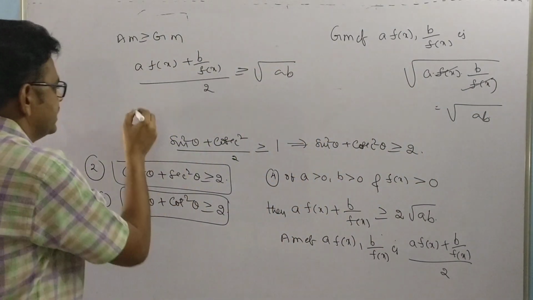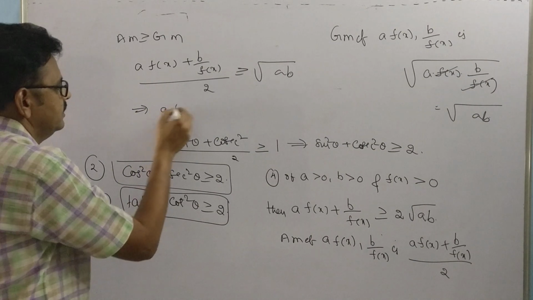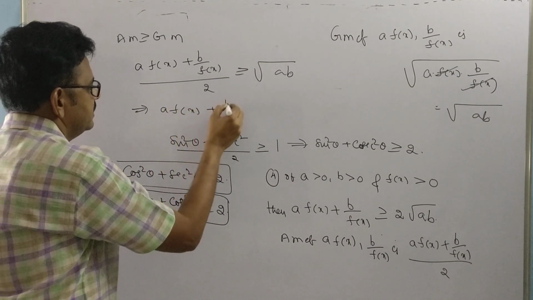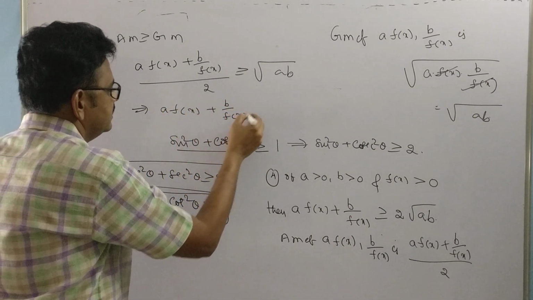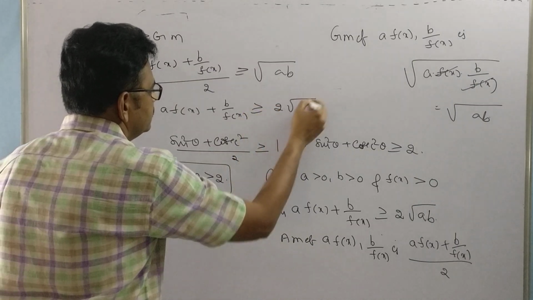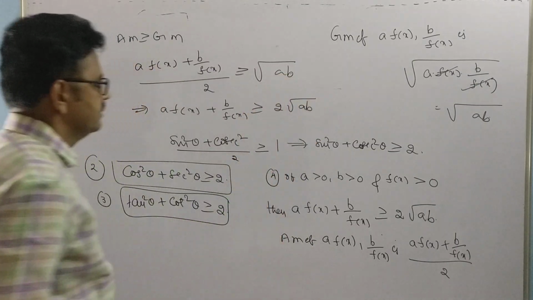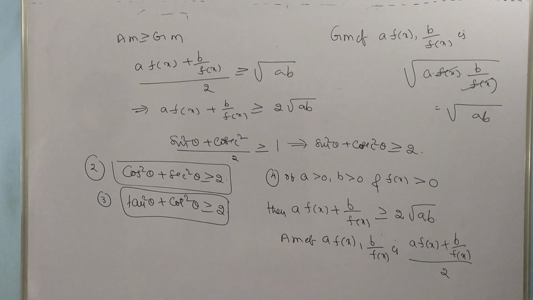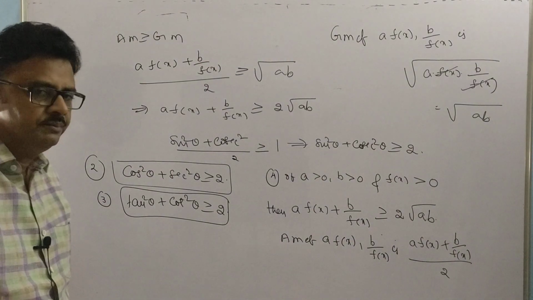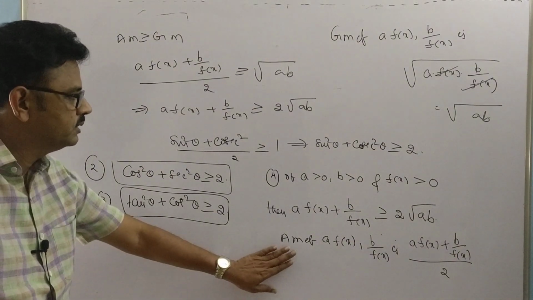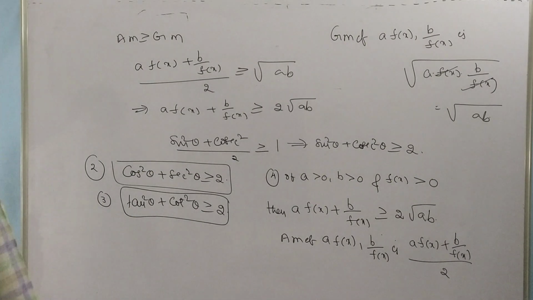So by cross multiplication, A into f of x plus B by f of x is greater than or equal to 2 root AB. Okay, write down these points.